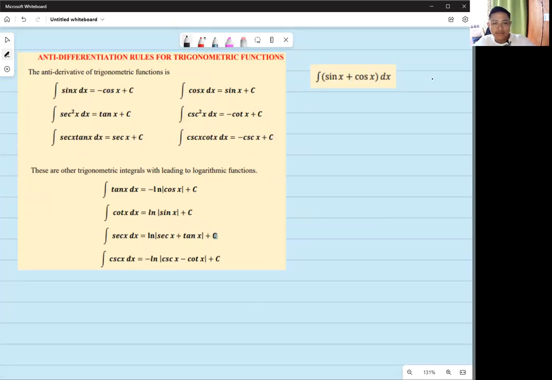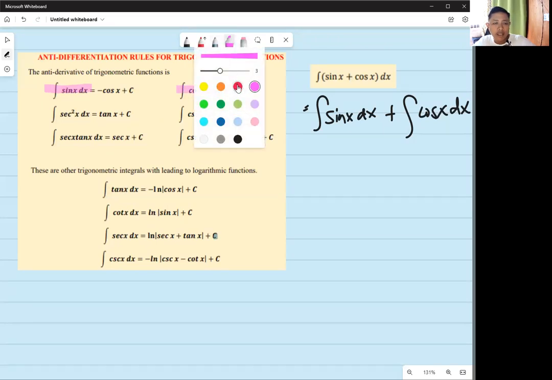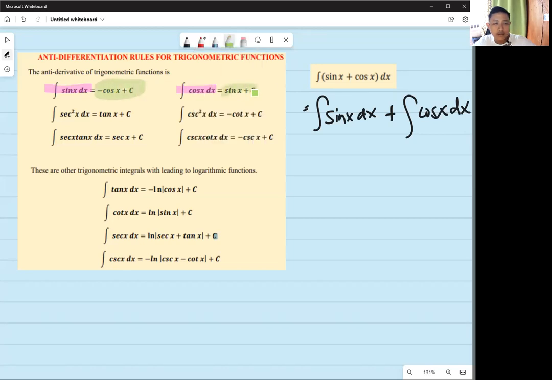So, separate lang. So this will become the integration of sine x dx plus the integration of cosine x dx. Got it? And then find sine x dx. Ito. And then the cosine x dx. This. And they will be transformed into this. Got it?